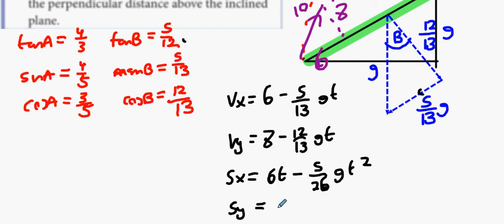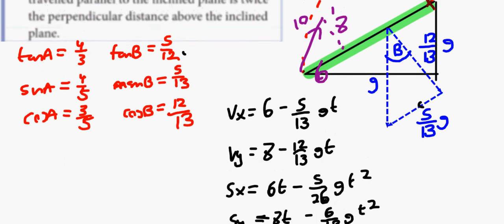Sy equals 8t minus half of that, which is 6 over 13 gt squared. Pause for a second, read over them again, just make sure everything is where it's meant to be. Spend that extra time looking at those 4 equations. Don't do what I do.